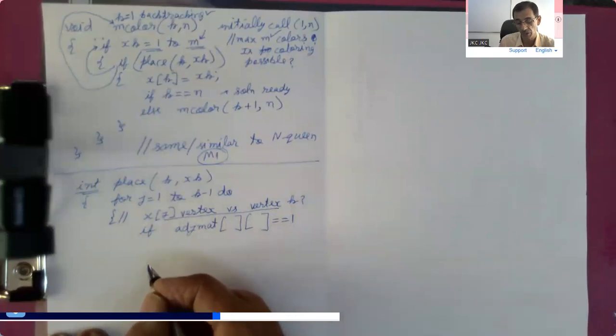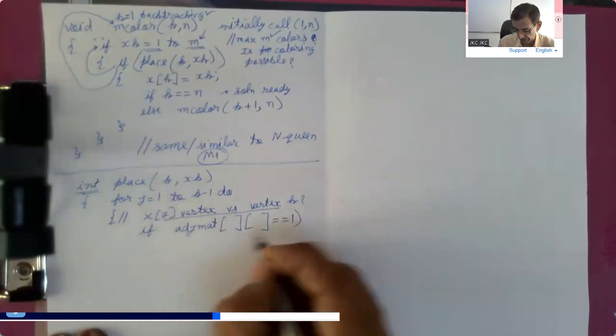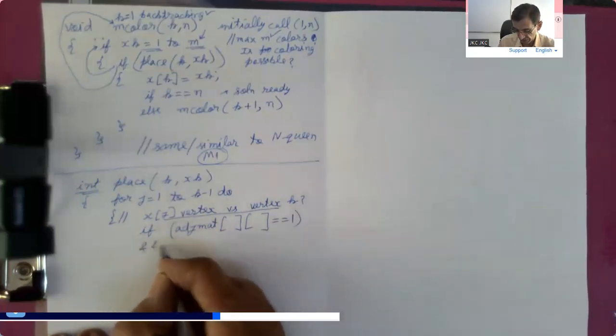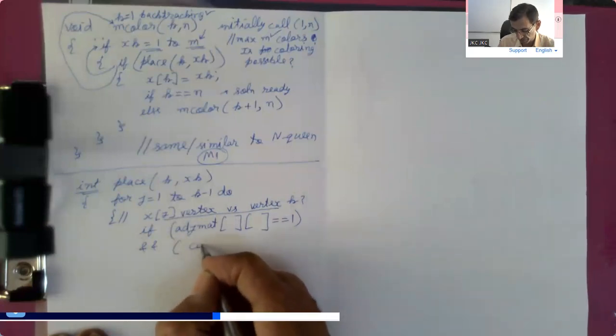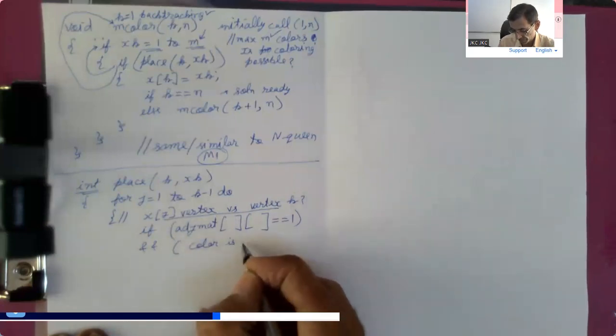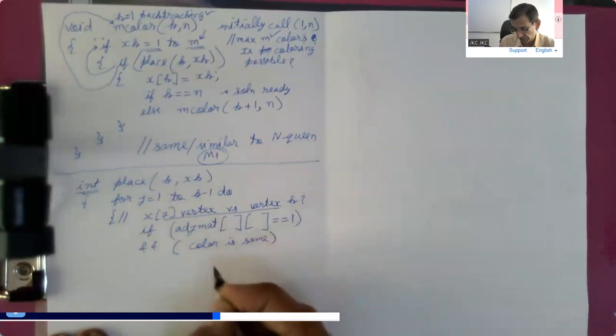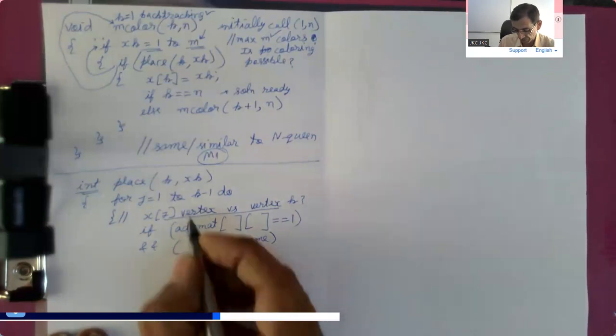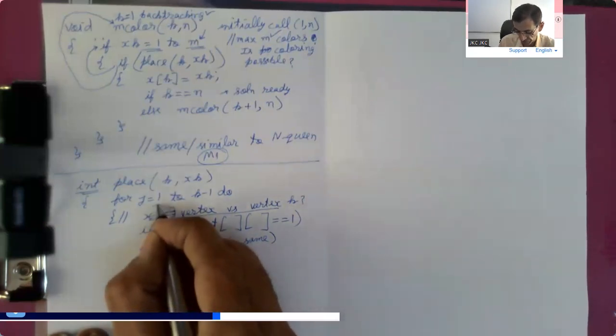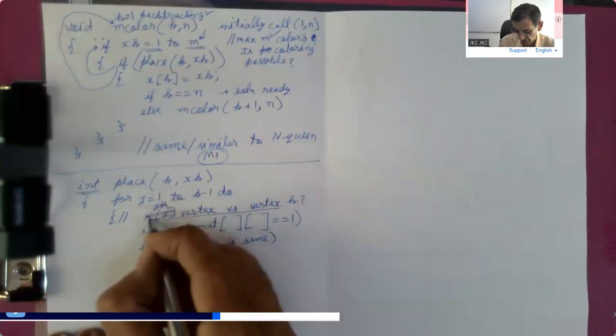Then their color should not be the same. So if they are adjacent and the corresponding color is the same, how to check that? To be precise, it's the jth vertex, not xj.